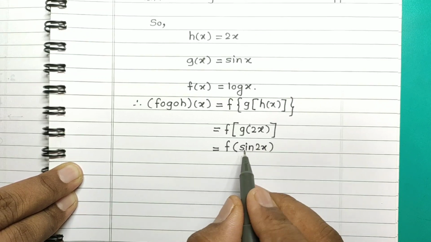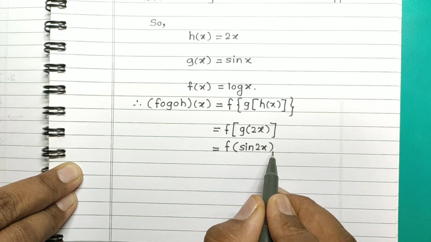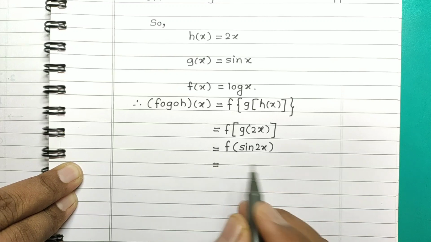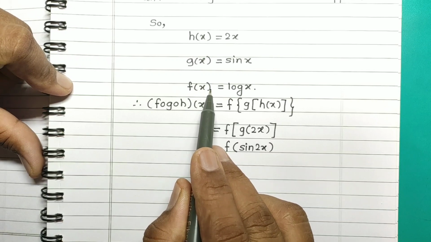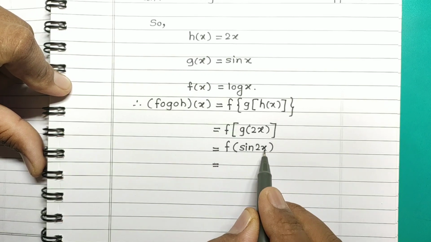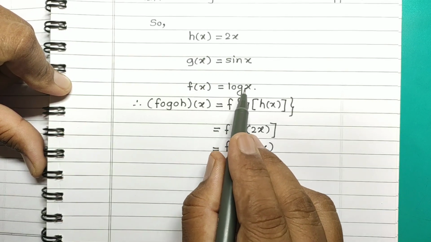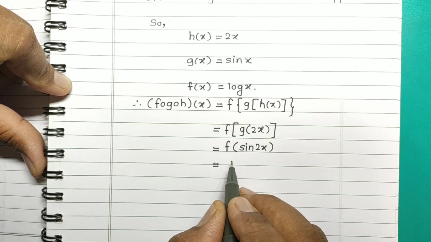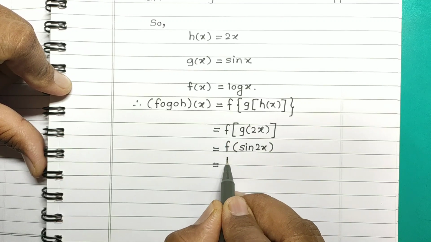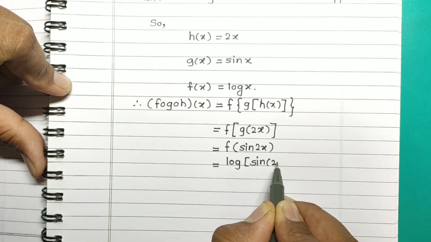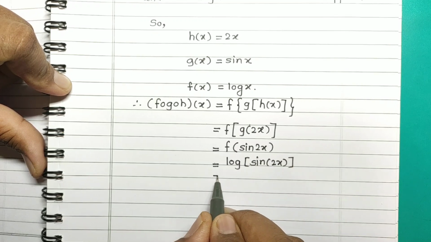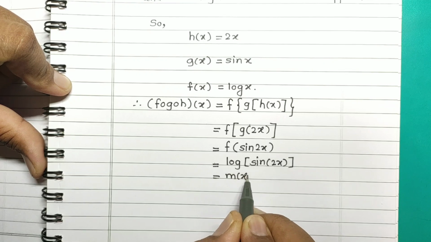Now we have to write down f of sin of 2x. That means we have to replace x from this function f of x by sine of 2x. So replace this x by sine 2x in function f. So we have log of sine of 2x, and this is what the given function m of x.